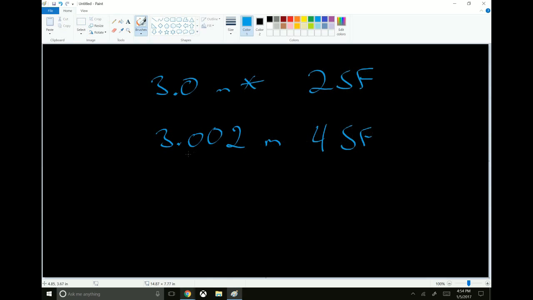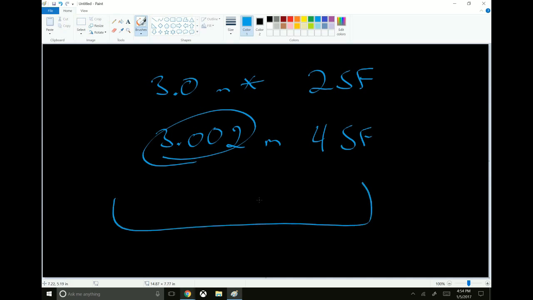Okay, this one contains more information. You're using a better device, one that, if it was an analog marking, would have tons and tons of little lines, and this right there is your estimate. Whereas this one, you're using like a yardstick with no lines on it, and that's where your estimate is. It's somewhere between 3 and 4 meters, really close to 3 meters. That's terrible, right?